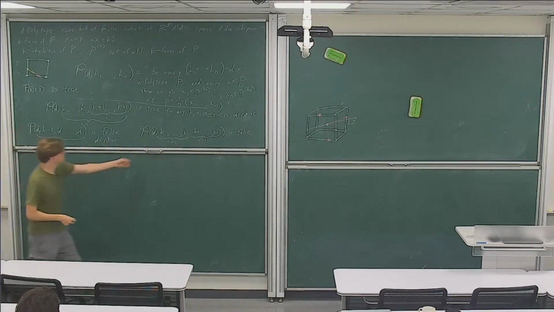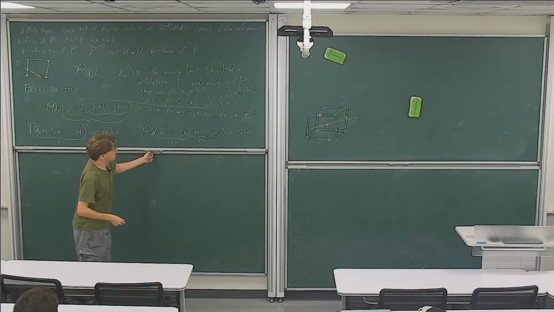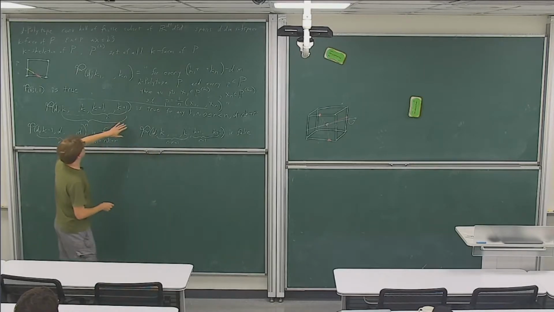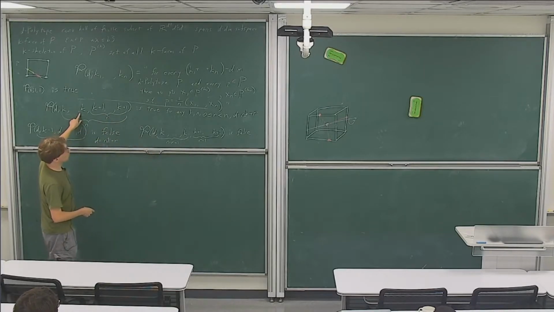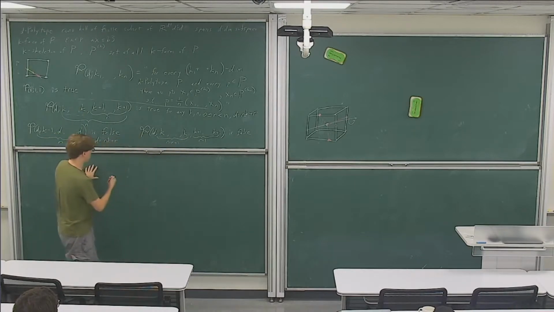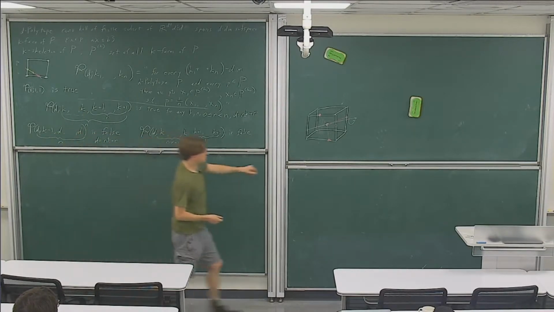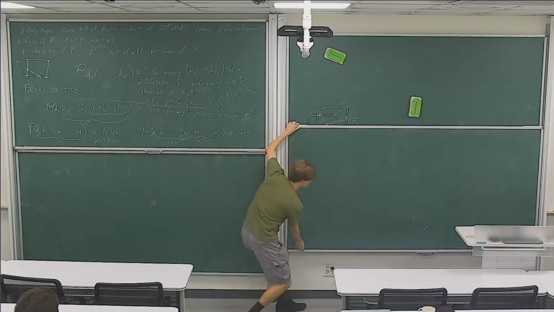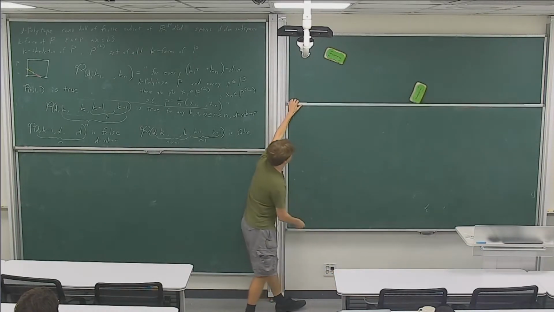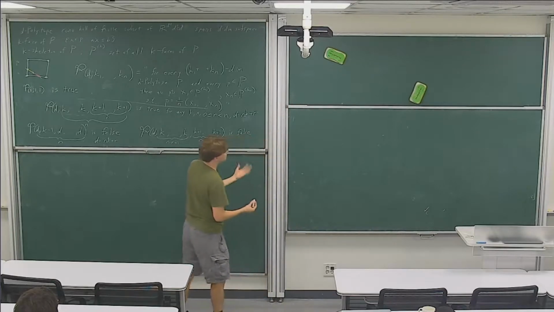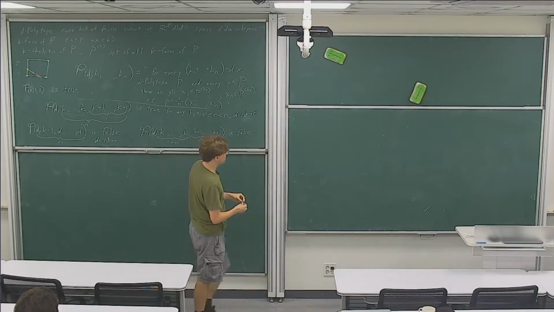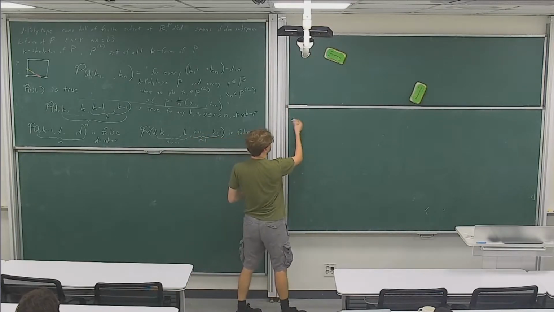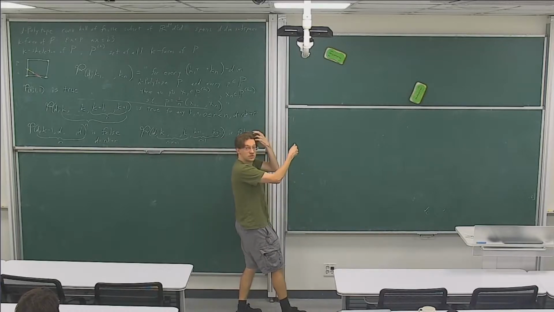So I want to describe now why this is true when r is 0. For the case of r is 0, it requires a little bit of a topological argument. So I'll use the following statement, which will have several terms that I should describe.